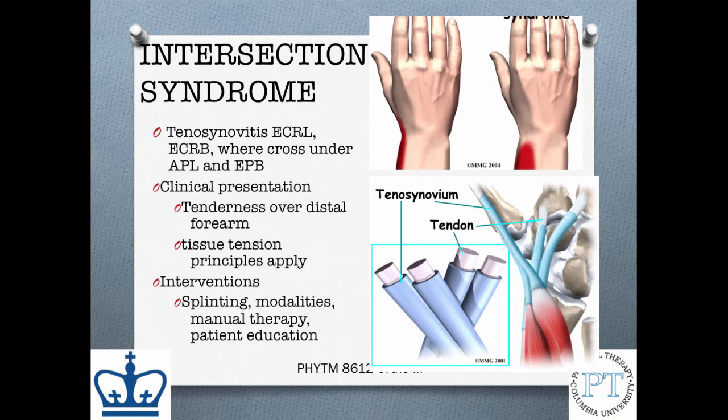So if we stretch or actively use any of these four tendons, it will cause a replication of pain in that region. The interventions are to splint to prevent or decrease the activities in these tendons, use modalities to decrease pain, and patient education to avoid those activities that flare up or replicate the patient's discomfort.